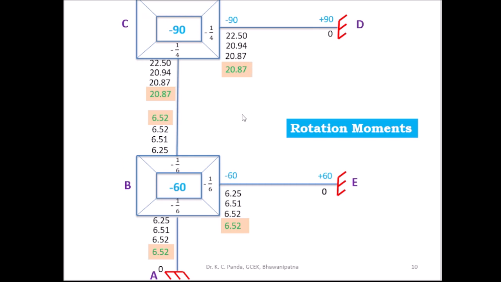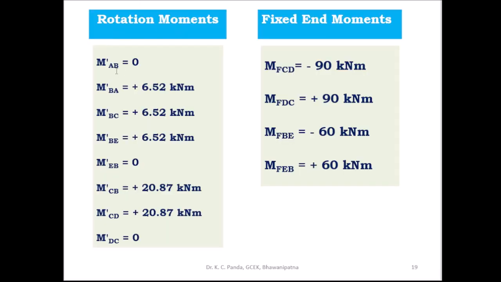Here you stop the iterative process and find the final moments. This is the rotation moment: m dash AB 0, m dash BA plus 6.52 kilonewton meter, m dash BC plus 6.52 kilonewton meter, m dash BE plus 6.52 kilonewton meter, m dash EB 0, m dash CB plus 20.87 kilonewton meter, m dash CD plus 20.87 kilonewton meter and m dash DC 0. And these are the fixed end moments.